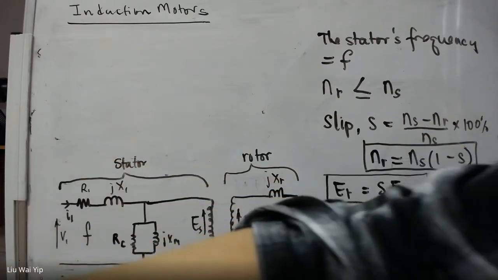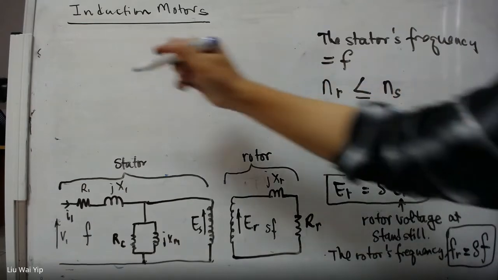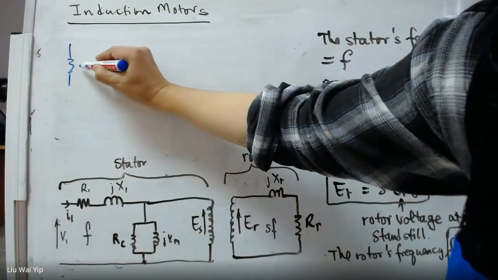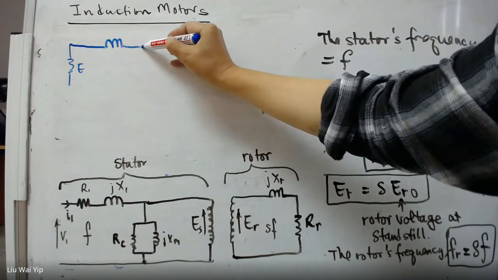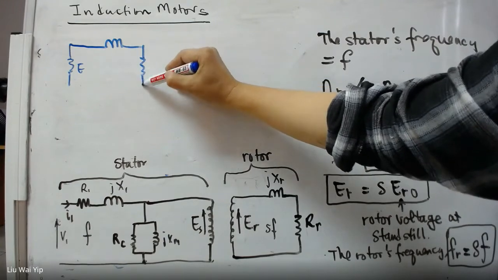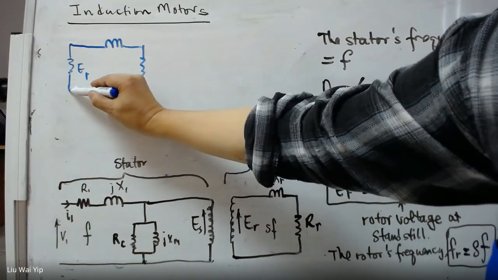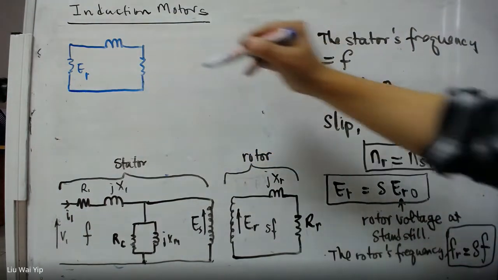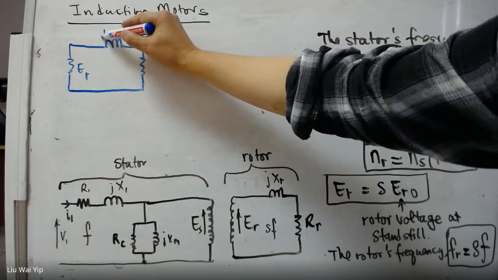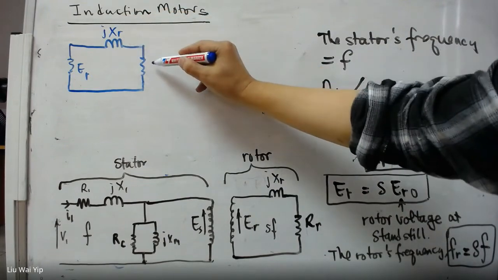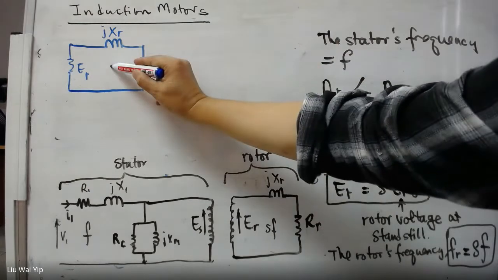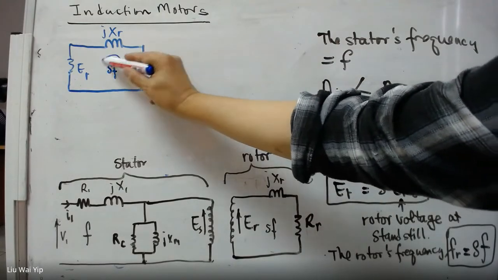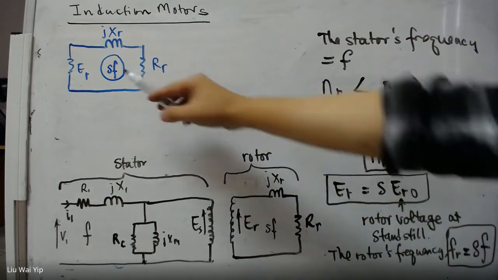Initially, the rotor circuit is like this: ER, and then XR, and then R. So this is the rotor, and it is running at this frequency, SF.